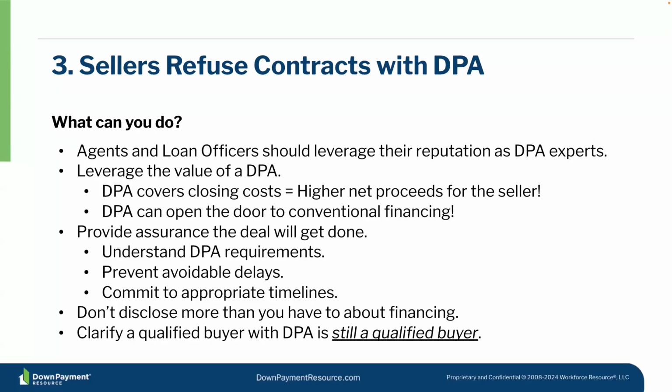Put in the contract what state law requires, but if you don't have to disclose the source of funds for DPA, then it's none of the seller's business. And remember, ask a loan officer who does a lot of DPA well, and they'll tell you a DPA buyer who is qualified is still a qualified buyer.